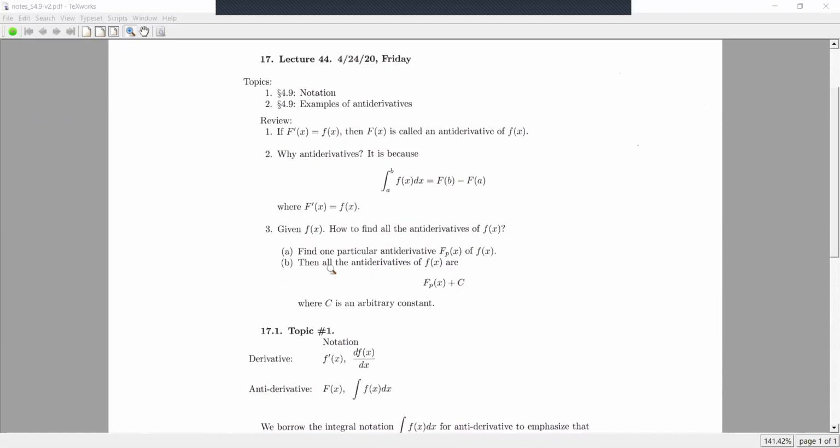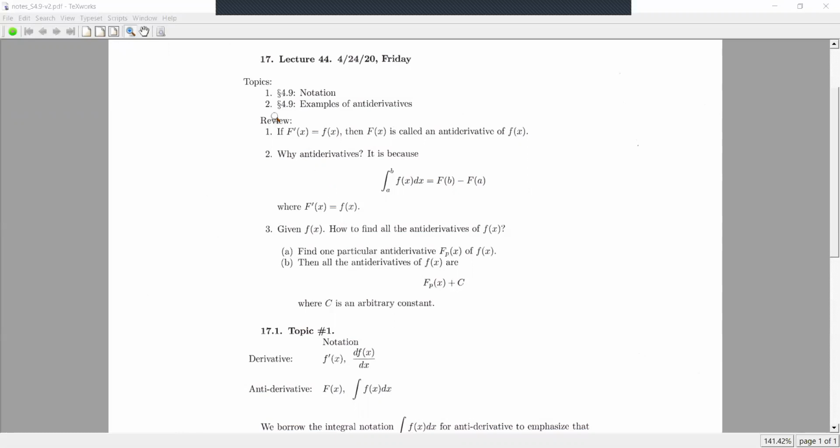Then step 2, all the antiderivatives of the given function are the particular antiderivative plus an arbitrary number c. A particular antiderivative plus an arbitrary number, we call it the most general antiderivative of the given function f.